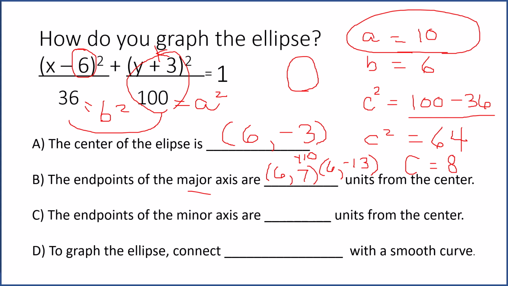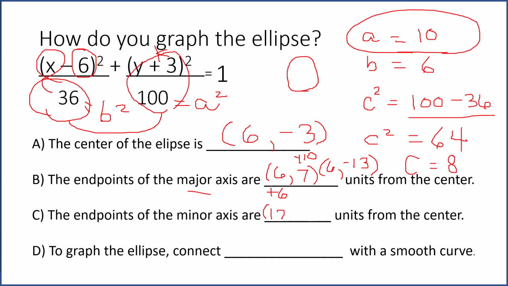Now for the endpoints of the minor axis, to the x coordinate, we're going to add and subtract 6, because the x direction is going to be the smaller number. We take the square root of 36, which is 6. We add that to the x coordinate, and we get 12.